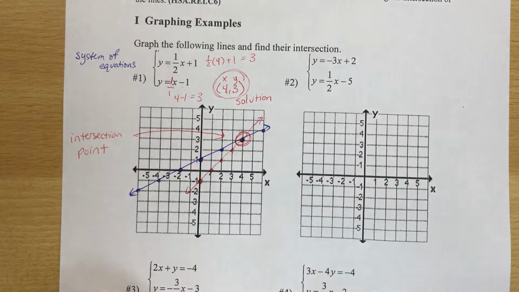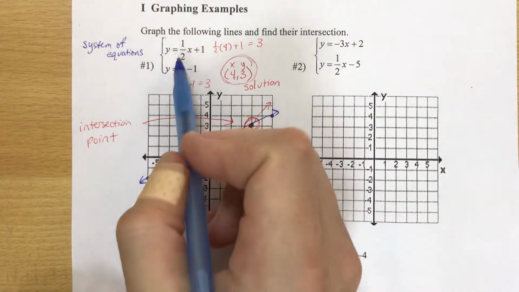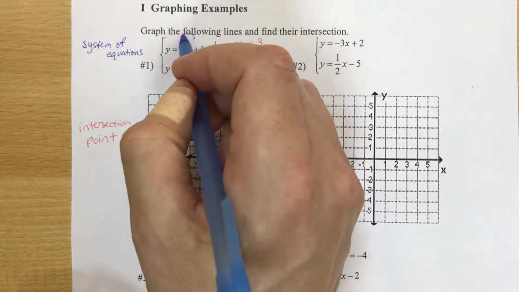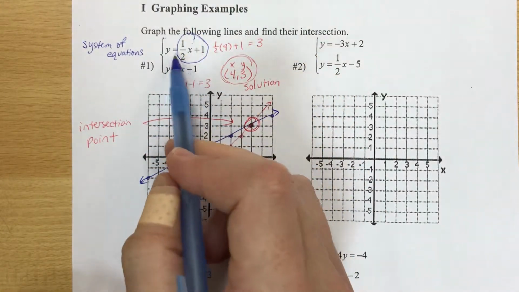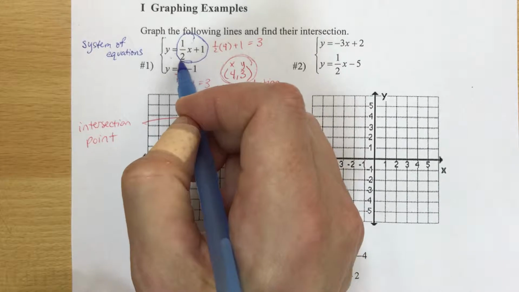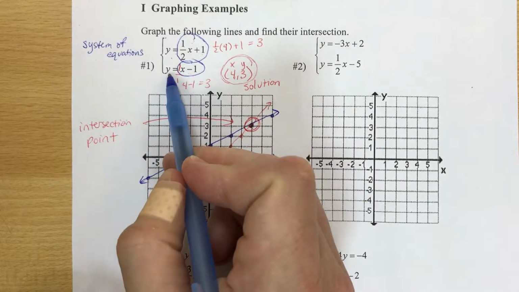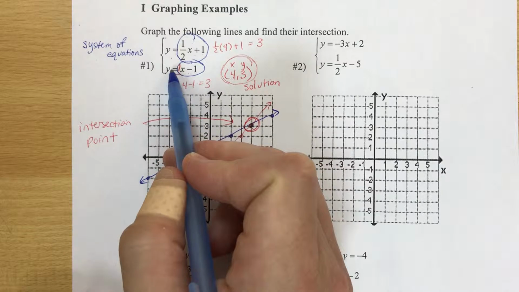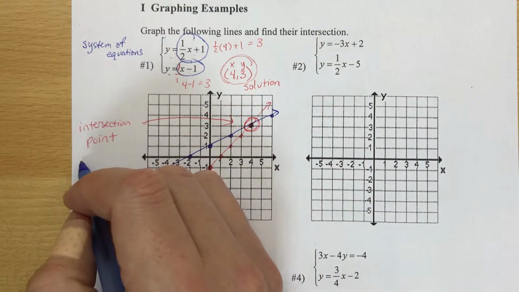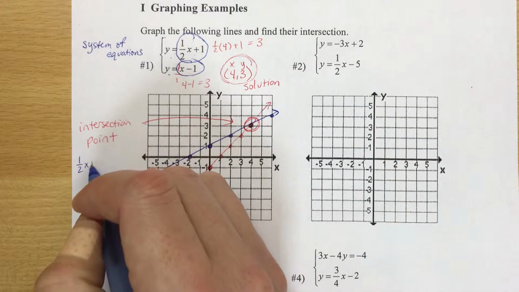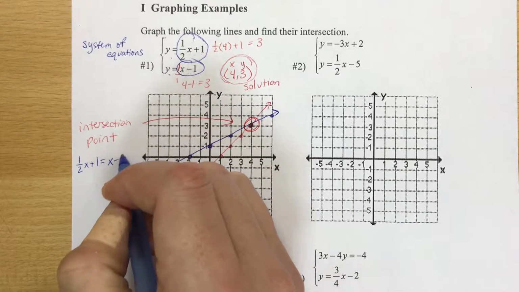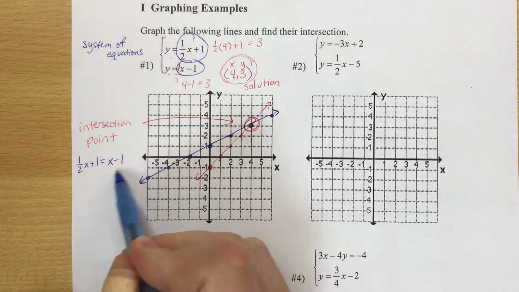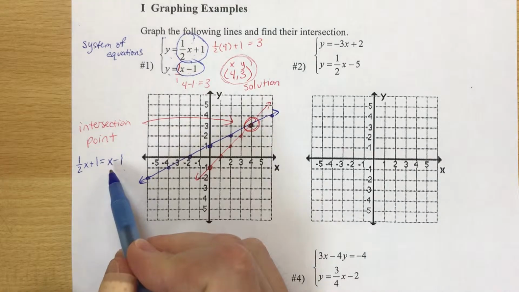You can also solve these algebraically, and this is something we'll get into more in the next lesson, but let's say that I take 1/2 x plus 1, that's equal to y, but then 1x minus 1 is also equal to y. These two expressions are equal to the same thing, so what I'm going to do on the side here is I'm going to write them equal to each other. If this equals y and this equals y, then that means they have to be the same.